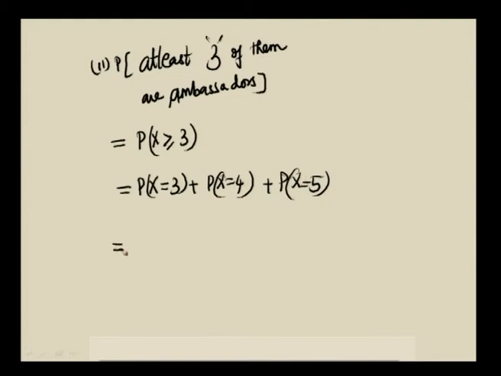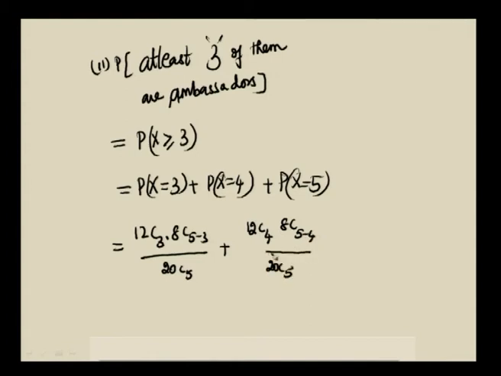So, for x is equal to 3, the PMF is written as 12 C 3, 8 C 5 minus 3, by 20 C 5, plus 12 C 4, 8 C 5 minus 4, by 20 C 5, plus 12 C 5, 8 C 5 minus 5, by 20 C 5.